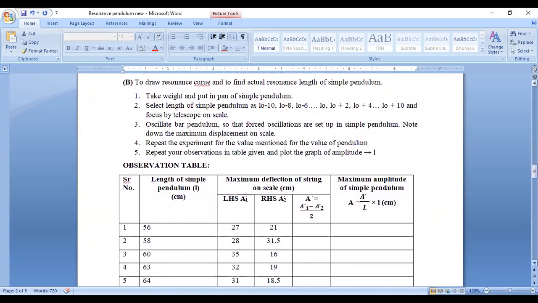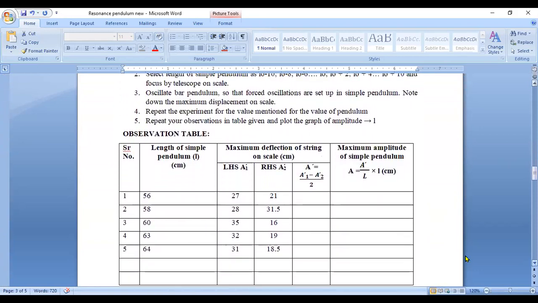I have taken several observations. I keep the length 56. I measure the maximum amplitude on the left hand side and the right hand side, because you have a simple oscillator with two extreme ends and a point of equilibrium.